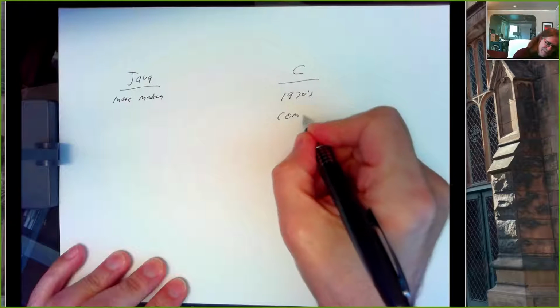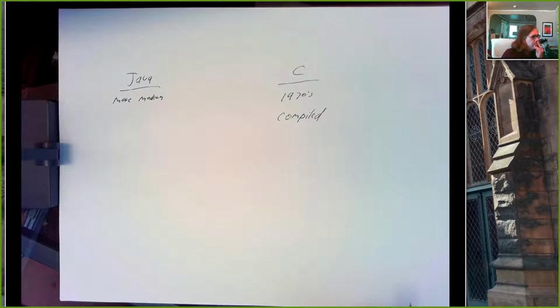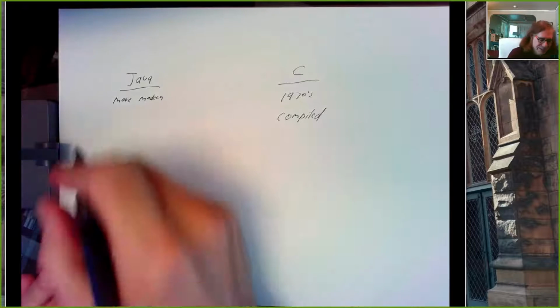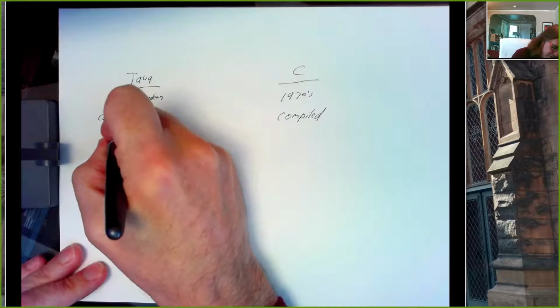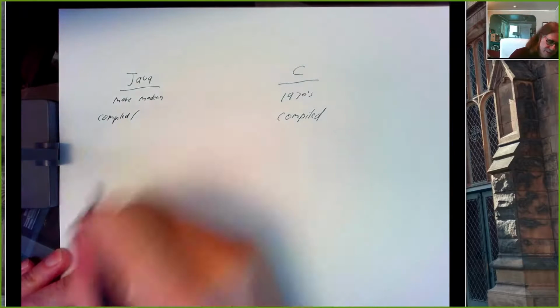A more significant difference, though: C is compiled. What does that mean? We say gcc filename.c, and gcc is a program that reads that C source code, looks at it, and turns it into ones and zeros. Those ones and zeros are ingestible by the hardware in your machine, by your CPU. Java, on the other hand, is also compiled. Your Java program gets turned into ones and zeros, something called bytecode, but that bytecode does not run on your CPU.